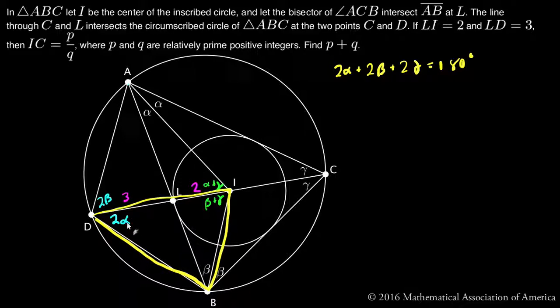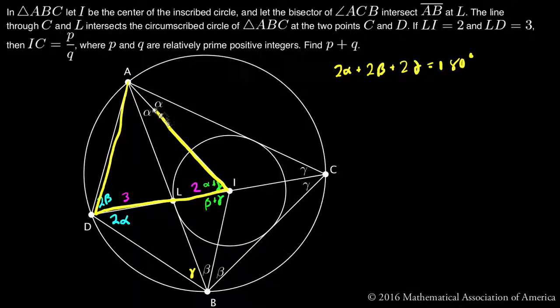I have 2 alpha, I have 2 beta, and I have 1 gamma, which means this here has to be gamma. In this triangle here, I have 2 beta plus 2 alpha plus gamma and an unknown equaling 180, so this has to be gamma.